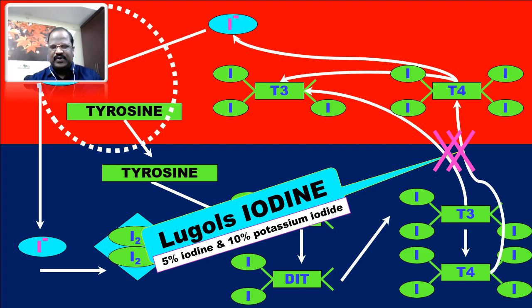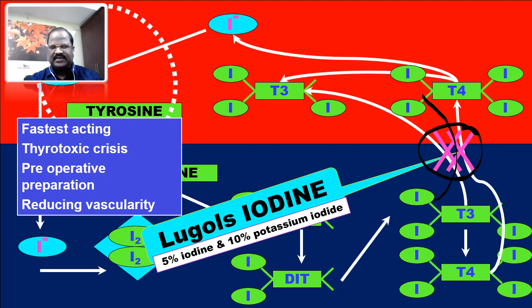This drug inhibits the release of T3, T4 from the thyroid follicle. That means inhibiting release. Because of inhibiting the release of T3, T4, it rapidly controls the symptoms of hyperthyroidism. That means the fastest acting antithyroid drug is Lugol's iodine.